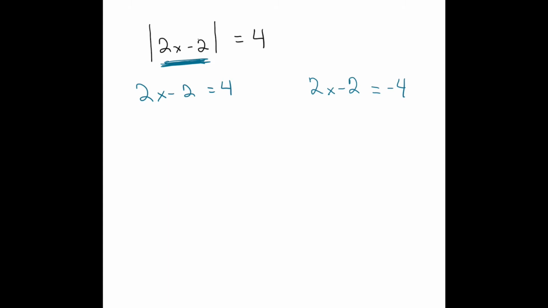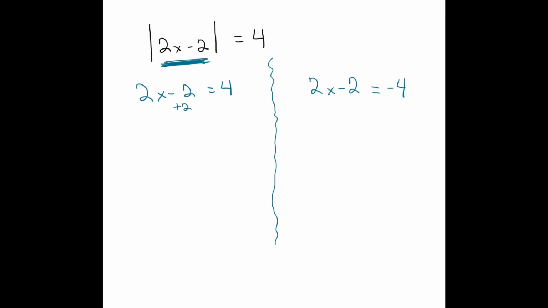So in order to solve this absolute value problem, we're going to have more than one solution. These are two separate problems, and we have to solve both to see what our solutions are. Solutions, plural.